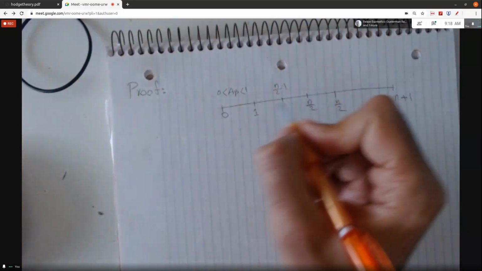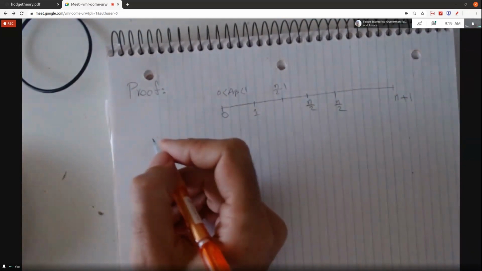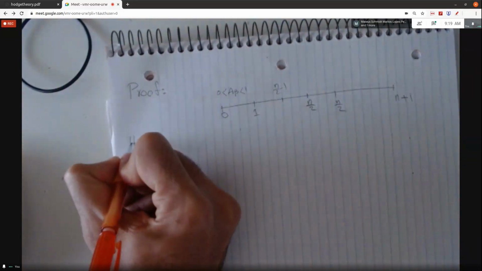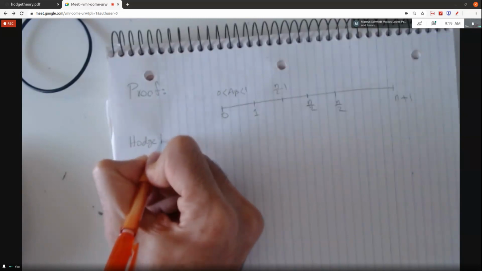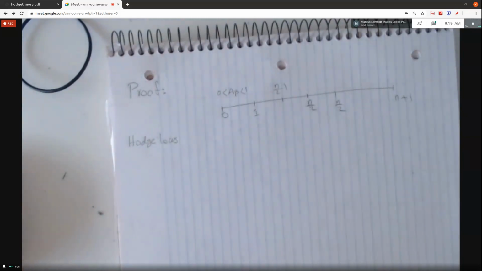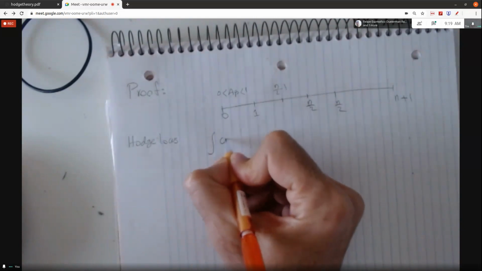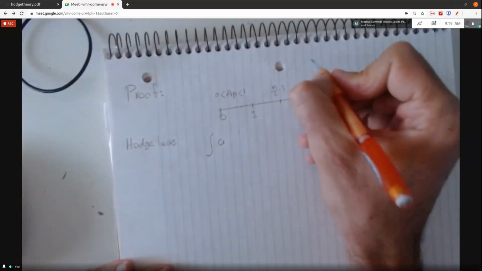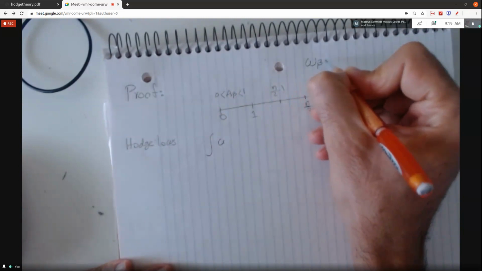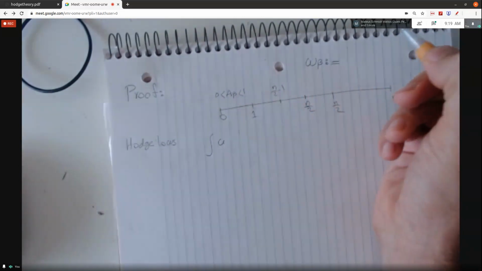So let's say, okay, so what is the Hodge locus? The Hodge locus is just omega. Let's redefine omega beta up to some constant.